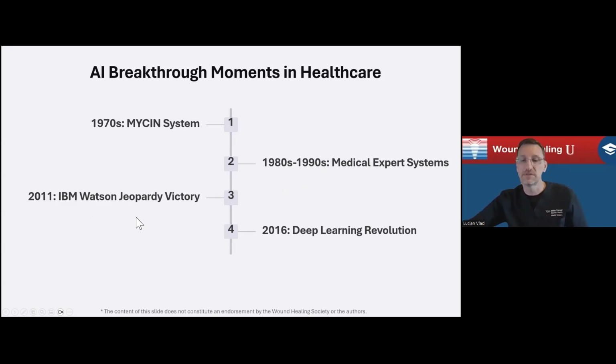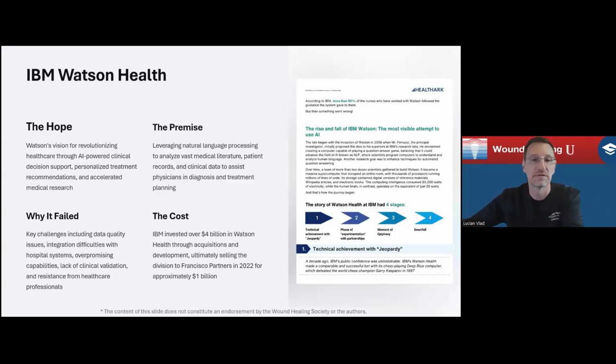It was remarkable to see a system that you just fed a lot of data beat a human in 2011. Another breakthrough was in 2016, when a deep learning neural network system, AlphaGo, won at the game of Go. This again sparked increased interest. All of this has happened in the past 10 years.